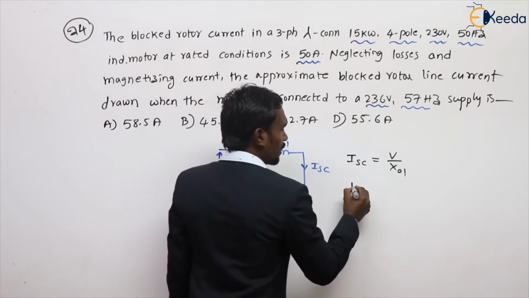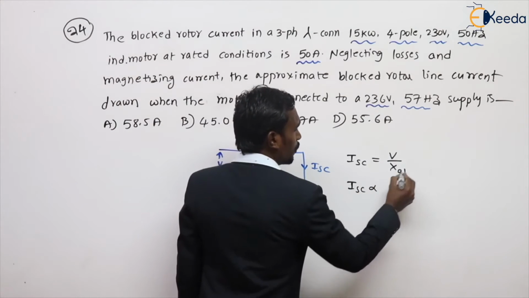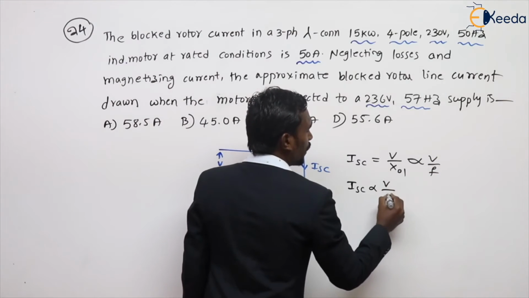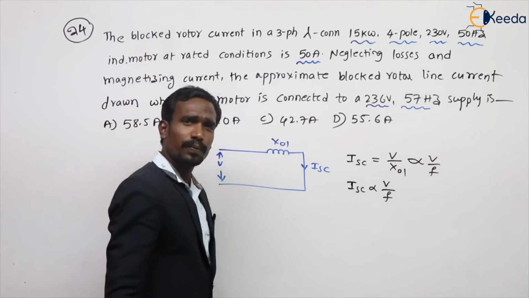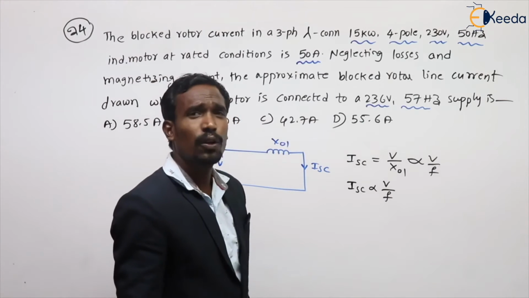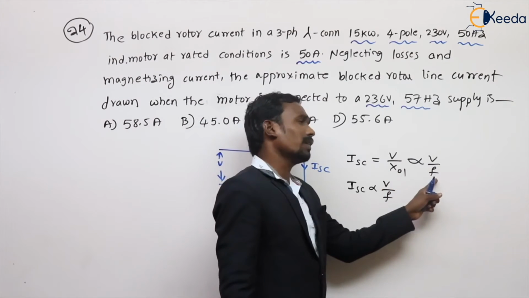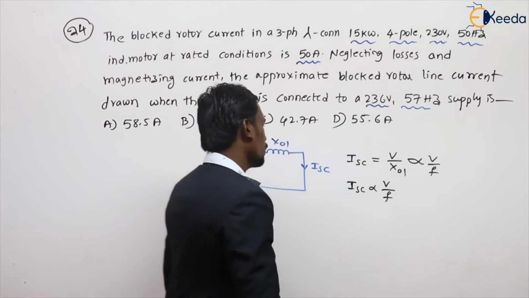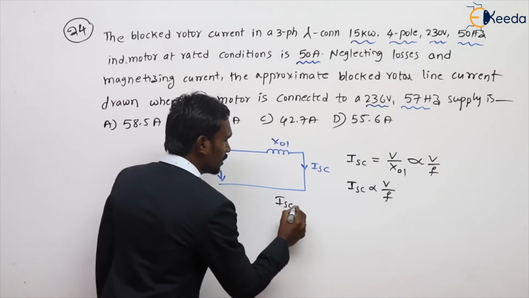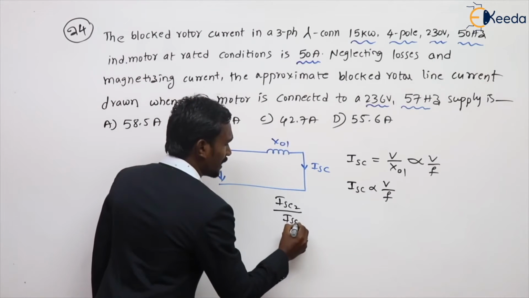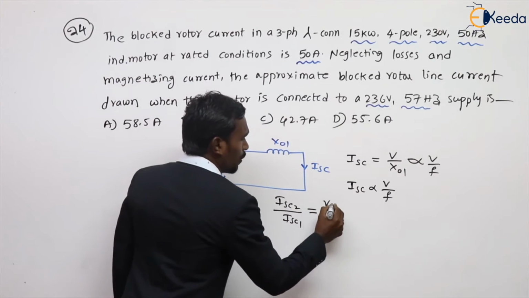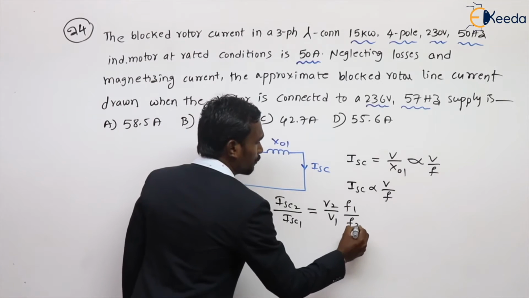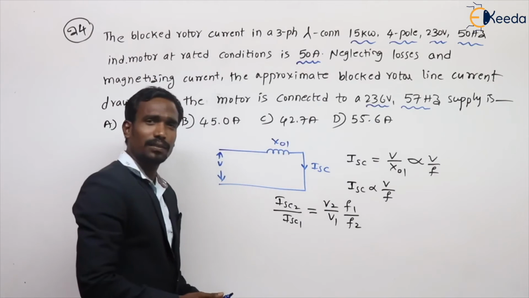So here ISC is directly proportional to V by F, as X is nothing but proportional to F. So ISC2 by ISC1 is equal to V2 by V1 and F1 by F2, because this is in reverse manner.